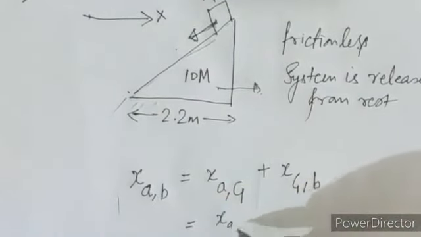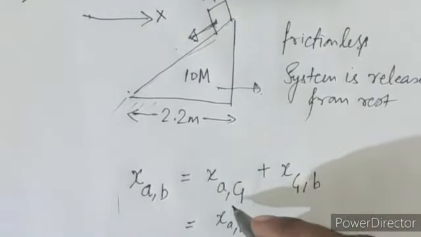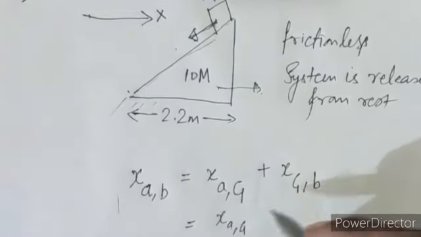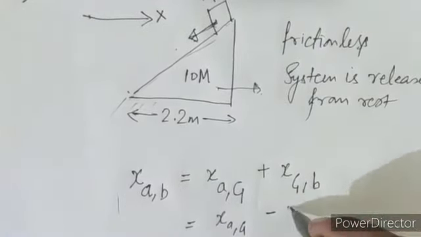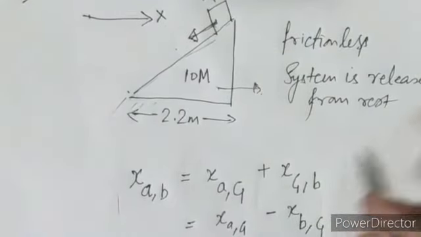Now if you do this, it is the position of A with respect to ground minus, since it is just reversed, the position of B with respect to ground. This is to keep it in terms of ground.